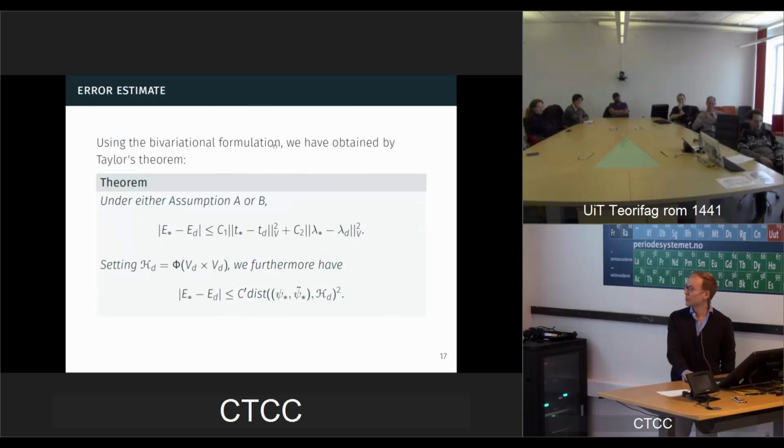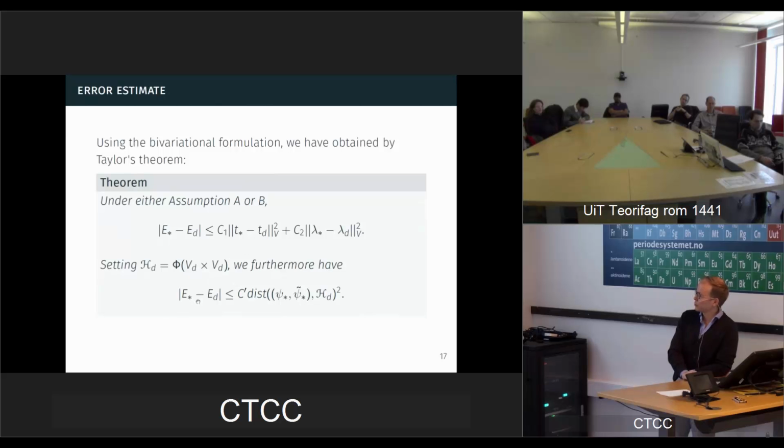We just Taylor expand, and then under this assumption for which we have the strong monotonicity, we obtain an error estimate of this form. It's very similar to the error estimate you have in coupled cluster, but instead of the Lagrange multipliers, this extra set of cluster amplitudes takes the place of those Lagrange multipliers. So we have it like this.